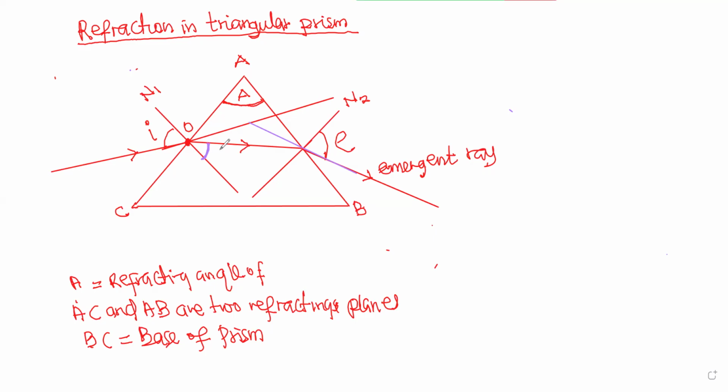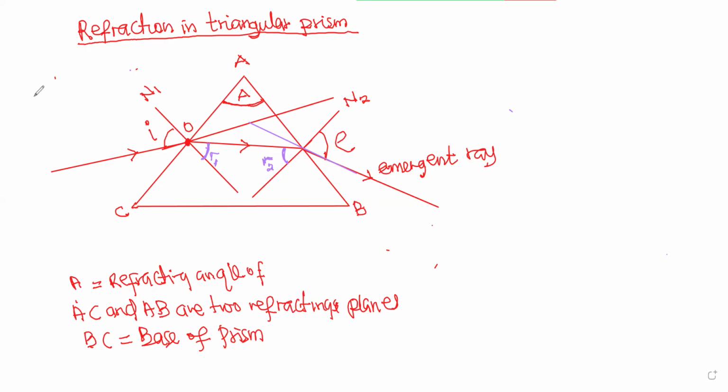So this is the first angle of refraction, R1. Then this is the second angle of refraction with regards to the plane AB. So for plane AC, R1 is its angle of refraction, and for the plane AB, this is R2, the second angle of refraction.